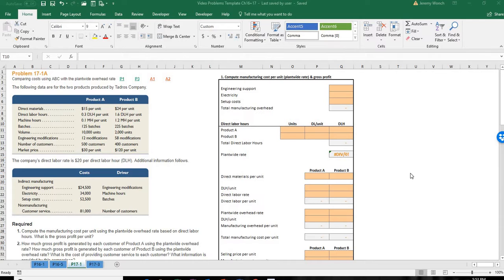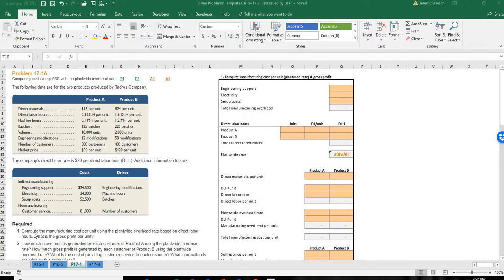Maybe we use different drivers for each one of our costs. For example, in problem 17-1 that we're going to do, it talks about our overhead, and it breaks it out into 3 different categories. Inside that bucket, we have engineering support costs, electricity costs, and setup cost.